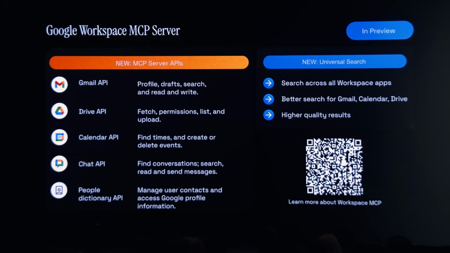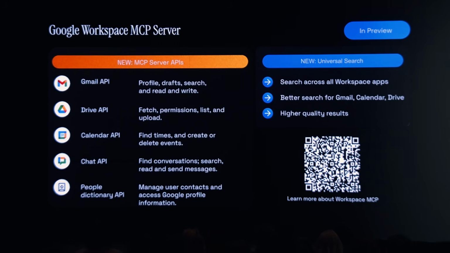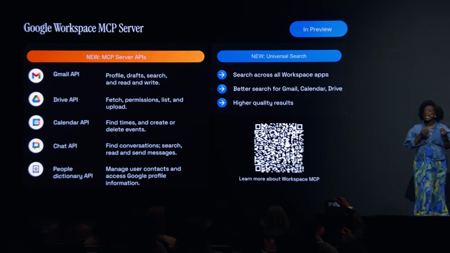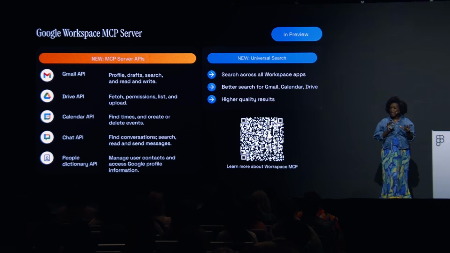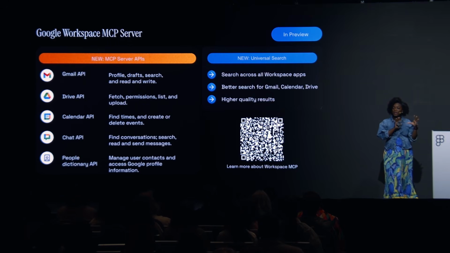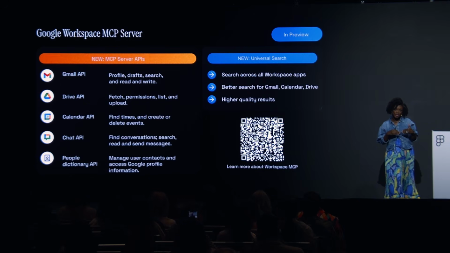So to double click on the Workspace MCP server, this is the way that we are helping partners, but also citizen developers, people with great ideas at companies, to bring their workspace context into the apps and products that they want to build. So just like the way we talked about how with Figma, we've created integrations to bring Figma context directly into your workspace experience.